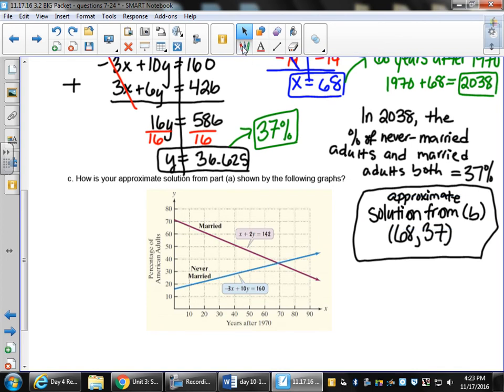How does this compare with the graph? Where's the solution? Where's the point of intersection on this graph? Well, these two lines intersect right here, that is approximately 68 comma 37.